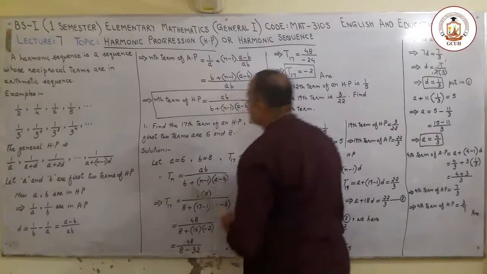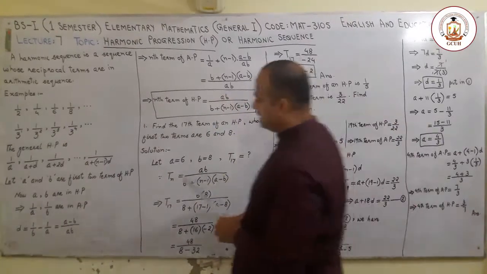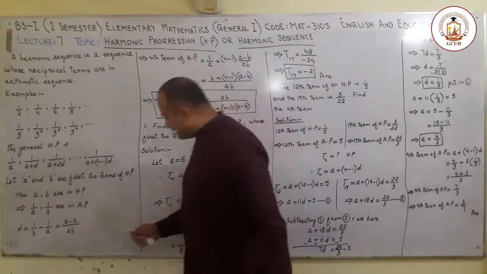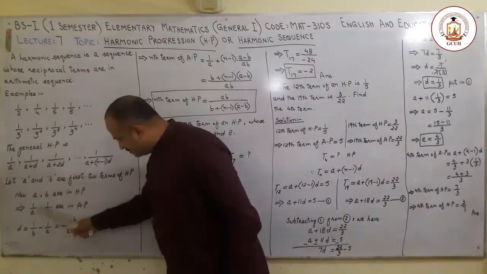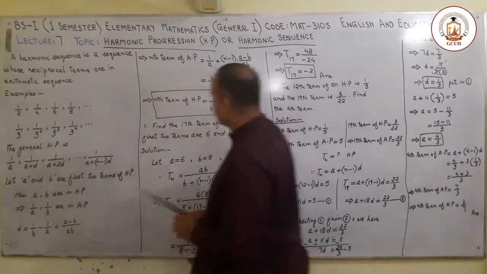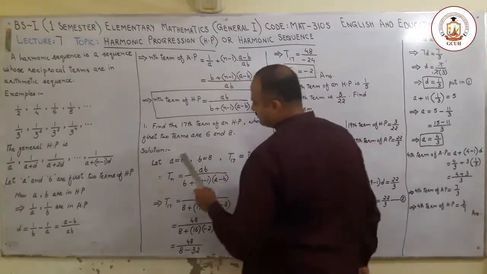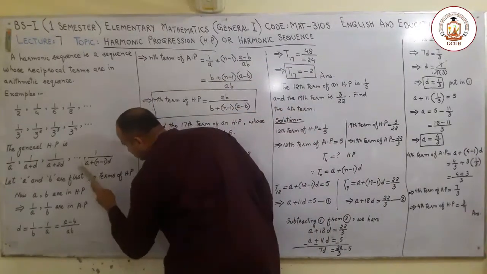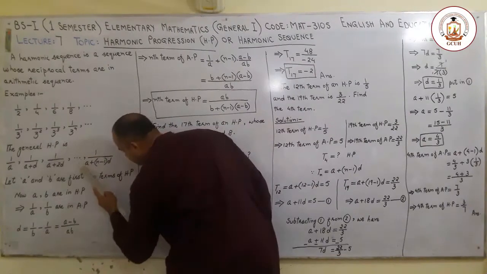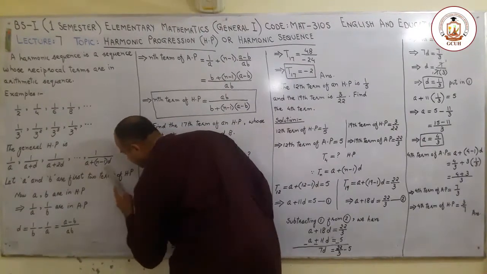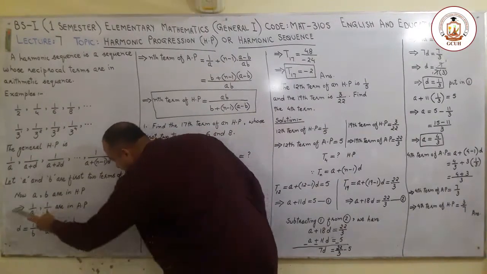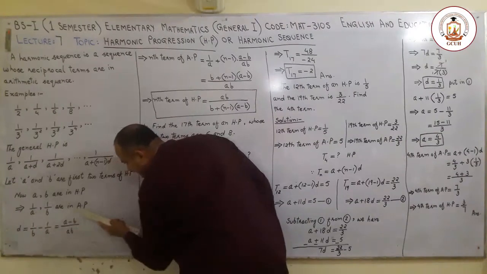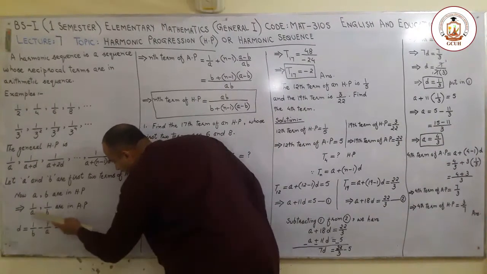So now let us find nth term of arithmetic progression with respect to these reciprocal terms. The formula which we know from our previous lecture is that the nth term of arithmetic progression is a plus n minus 1 times d. But here in this situation, the first term of arithmetic progression is 1 upon a.